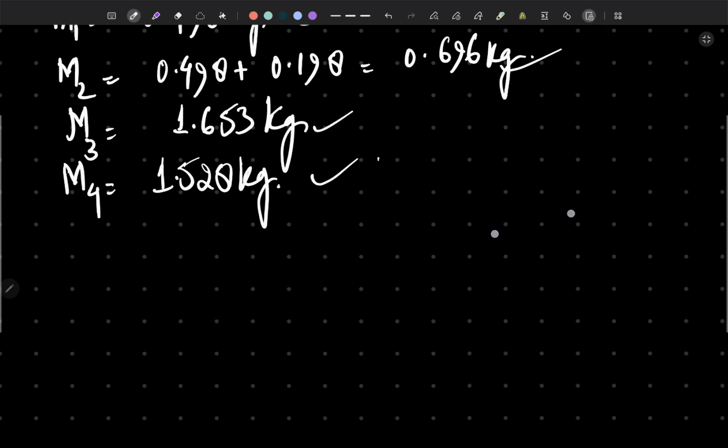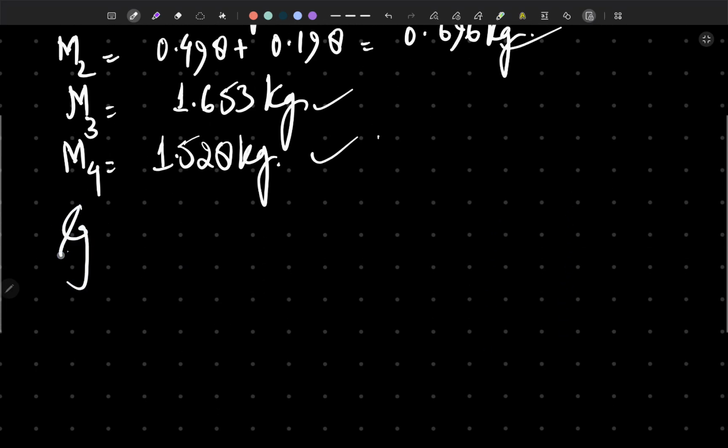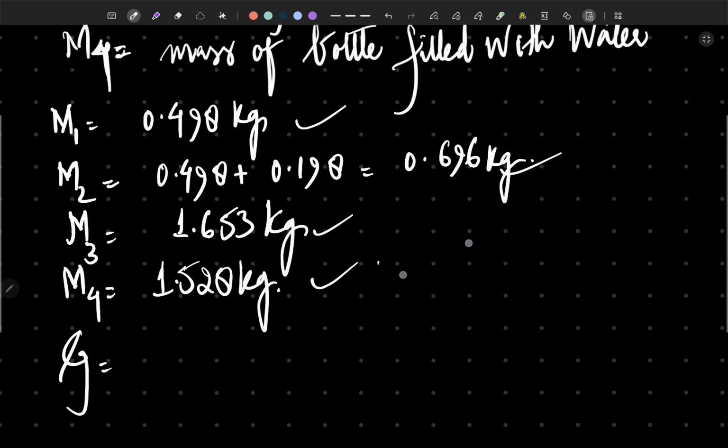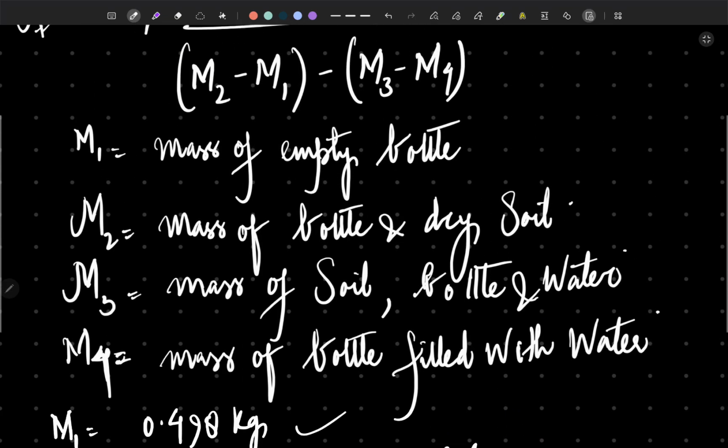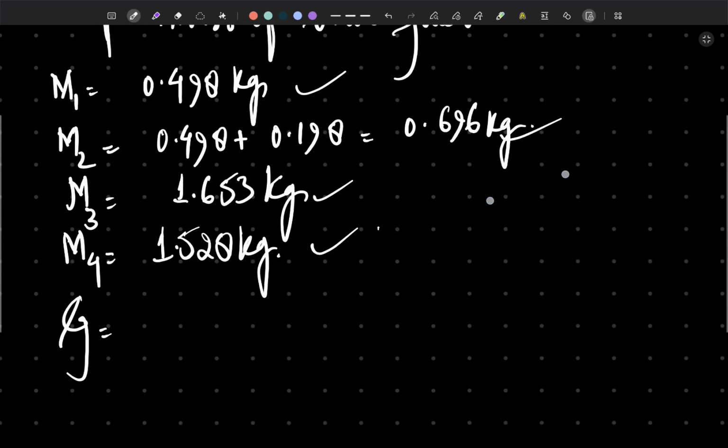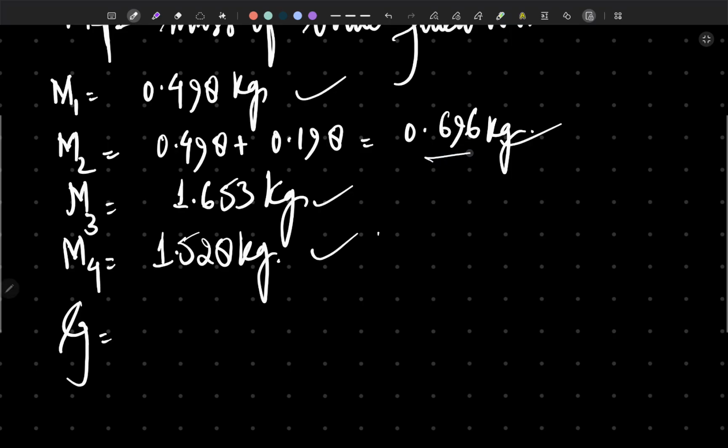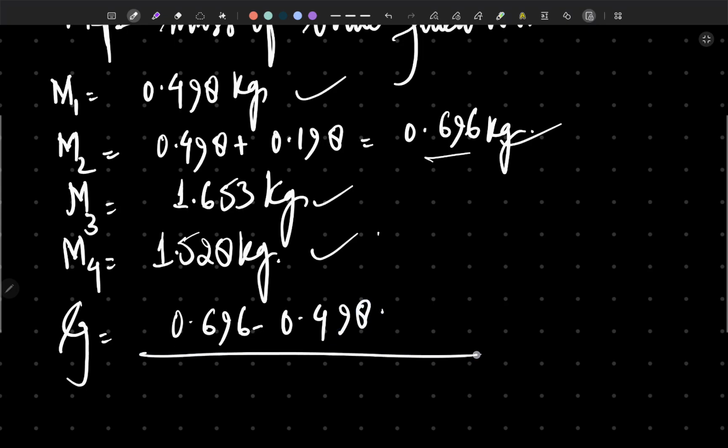I have all of them, M1, M2, M3 and M4. I'll be substituting them in the general equation and I'll be finding out the value of G. So M2 minus M1, divided by M2 minus M1, minus M3 minus M4.